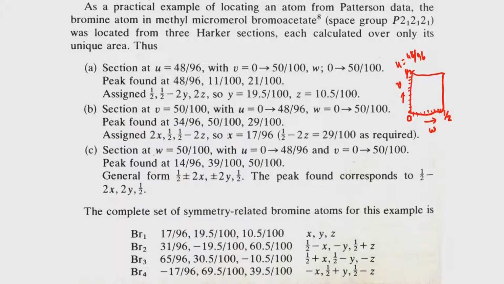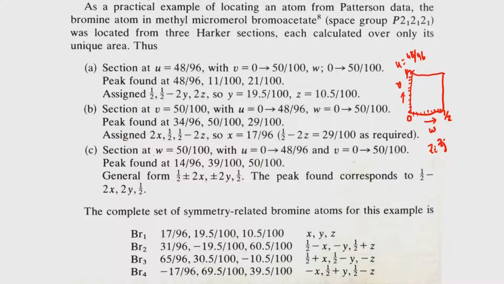And then find out the peak positions, the value of the Patterson. The value of the Patterson you already know varies as the product ZiZj. So if it is a heavy atom, in this case bromine, it will vary as 35.5 square. So you will start getting the peaks.